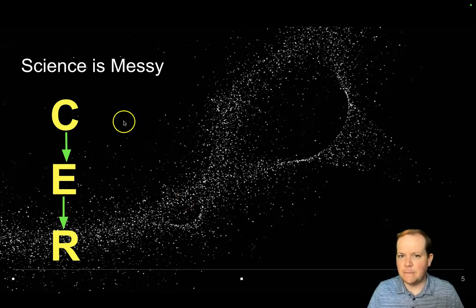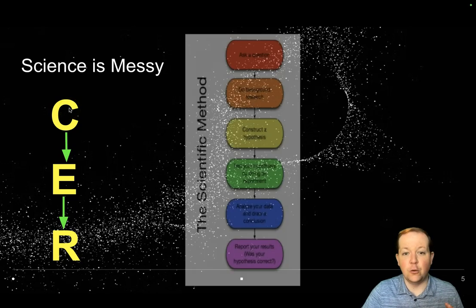We don't make a claim first. That's almost the antithesis of doing science. Usually first we are gathering evidence, we are then analyzing that evidence to make a conclusion. But when we write up a lab, when we say, hey, this is what we learned, we like to, because it's nice and concise and it's easy to read, start with the C, the claim, and then talk about the evidence and the reasoning.